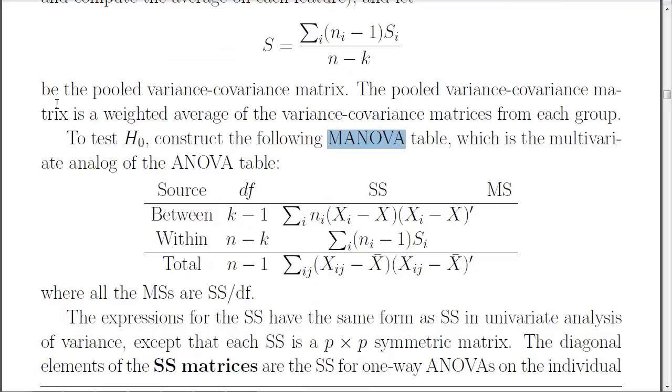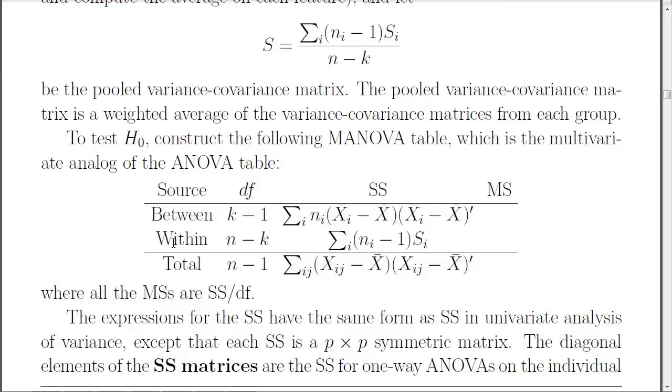It looks the same as an analysis of variance table. We have between variability, that is, how different is each group, x̄i, versus the grand mean, x̄. So that's the between group variability. It asks effectively how different are the means between the males and the females.